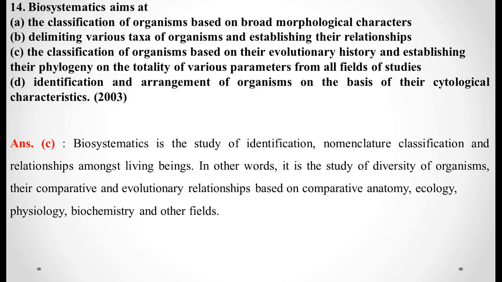So for biosystematics, you have to give a definition, and the correct definition is option C, that is, systematics is the study of identification, nomenclature, classification and relationship among living organisms. In other words, it's the study of diversity of organisms, their comparative and evolutionary relationship based on comparative anatomy, ecology, physiology, biochemistry and other fields.